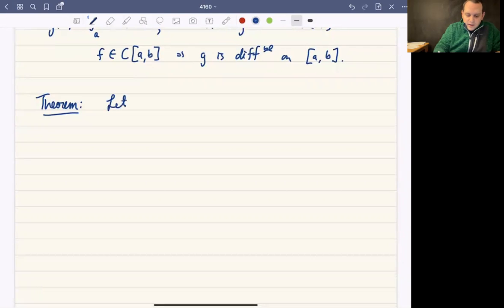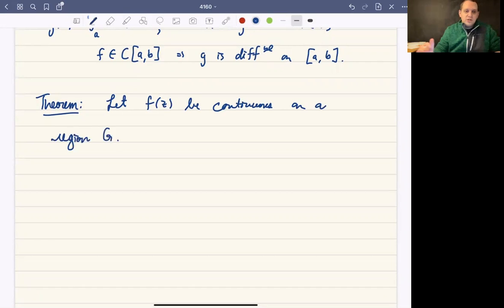Let f be continuous on a region G. So we're going to let f be a continuous function on a region G. Remember, a region is an open connected set, so region just means open and connected.